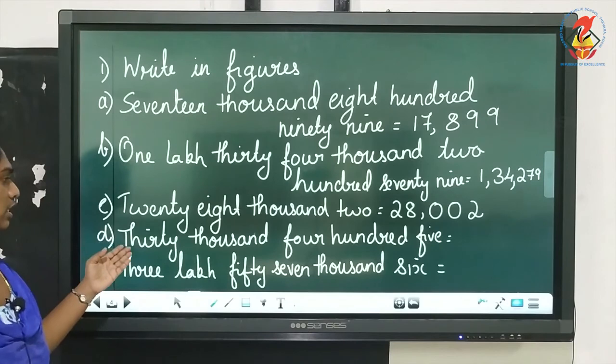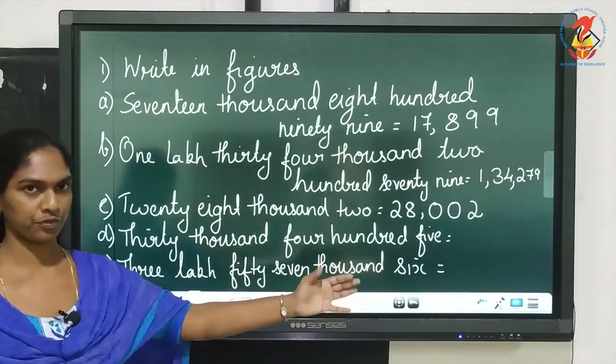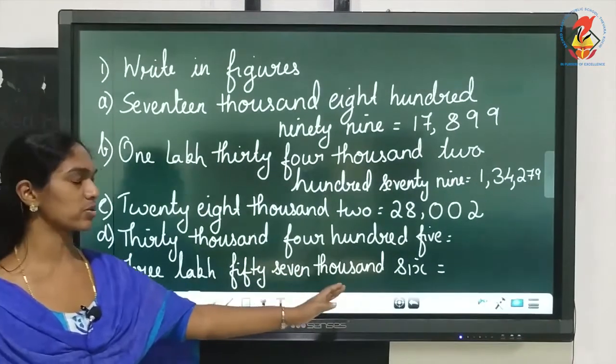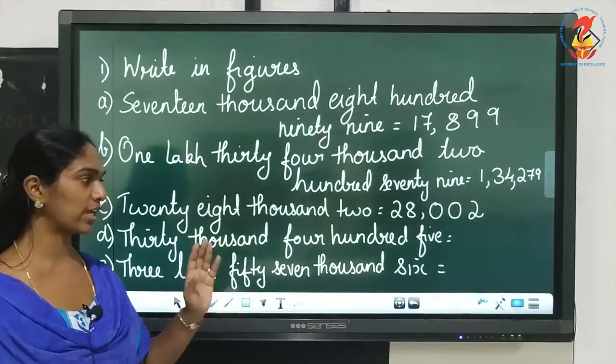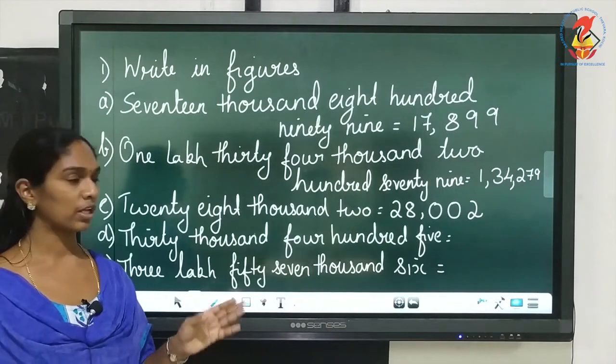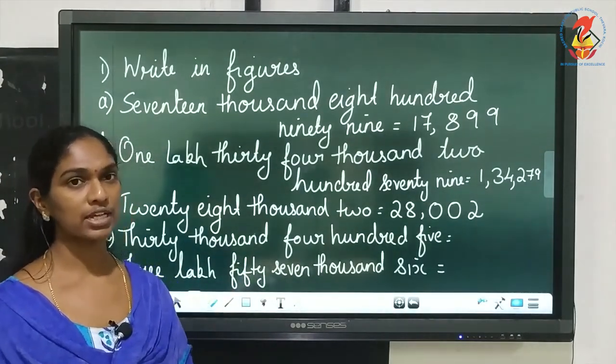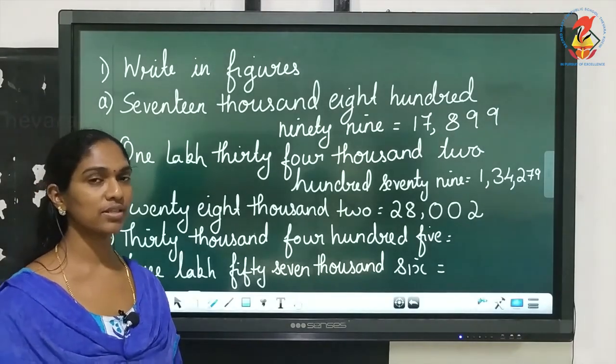One is thirty thousand four hundred five and then three lakh fifty-seven thousand six. So you write the number. If there is any gap, fill up that gap with 0 and put the correct commas. Okay, children? Thank you.